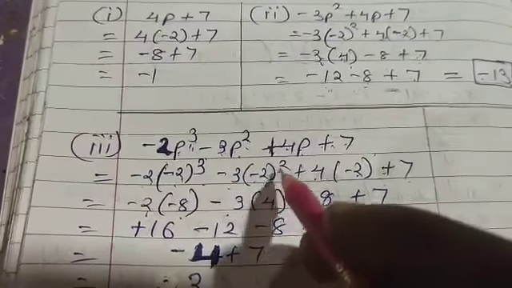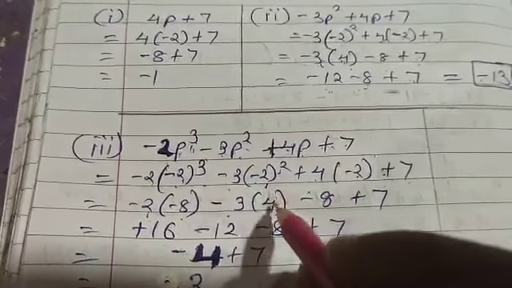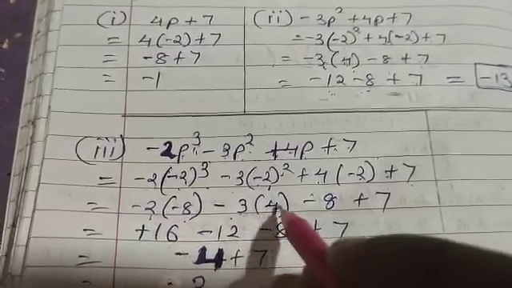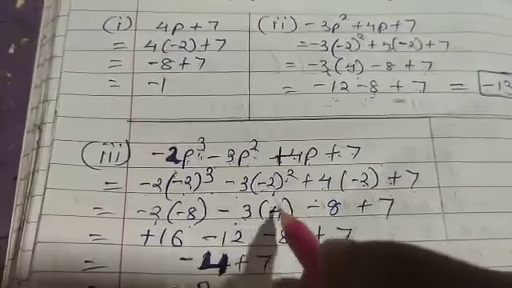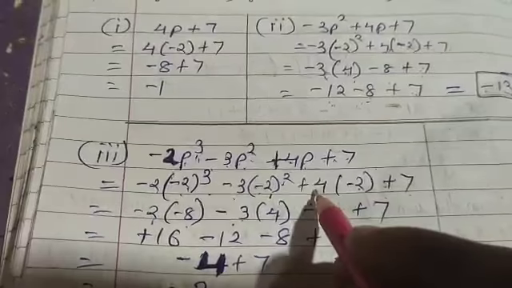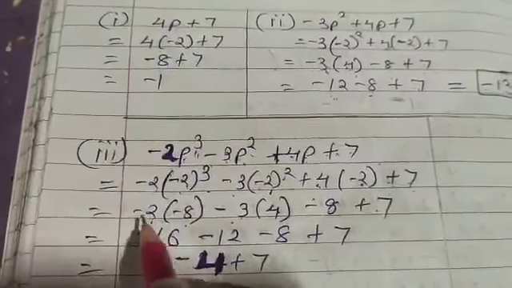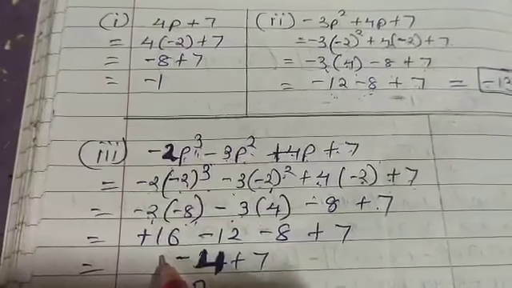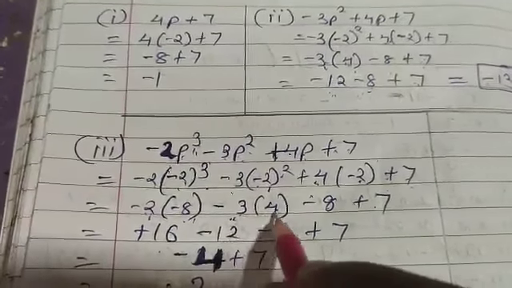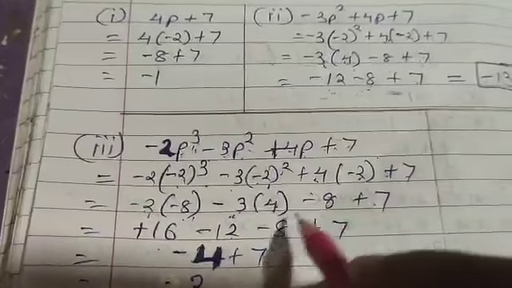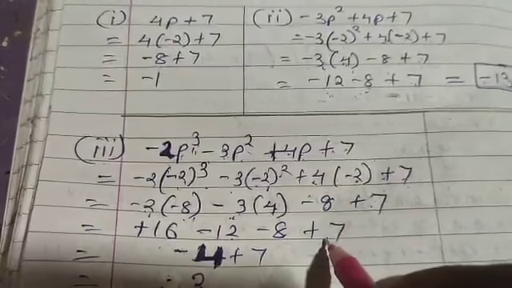Then square of negative 2, that is negative 2 into negative 2 will become positive 4, that is minus 3 into positive 4 you have to write, then 4 into negative 2 is negative 8 and write down this 7 as it is. Then negative 2 into negative 8 gives positive 16, then negative 3 into positive 4 gives negative 12, write down this minus 8 as it is, this 7 as it is.